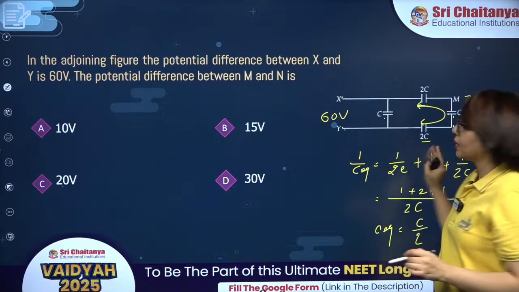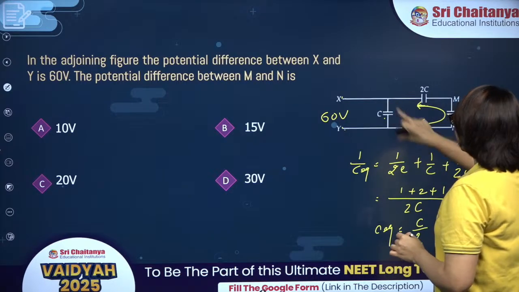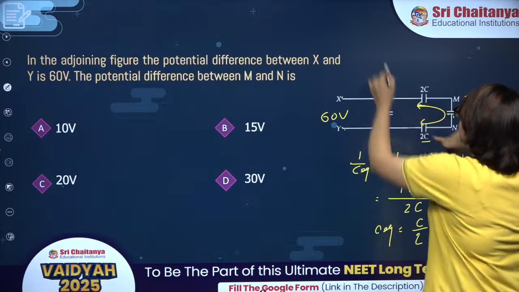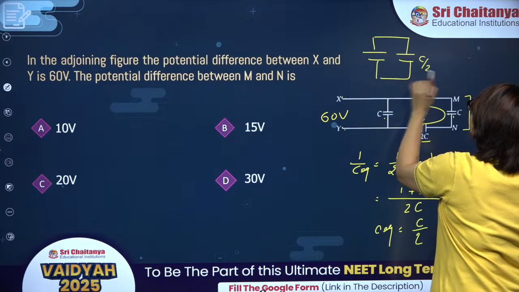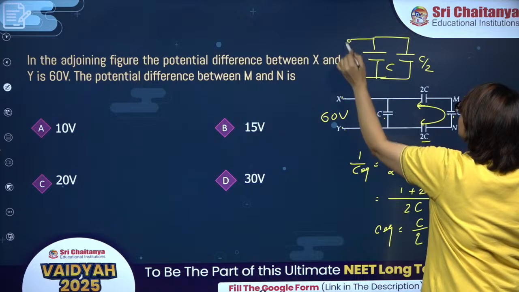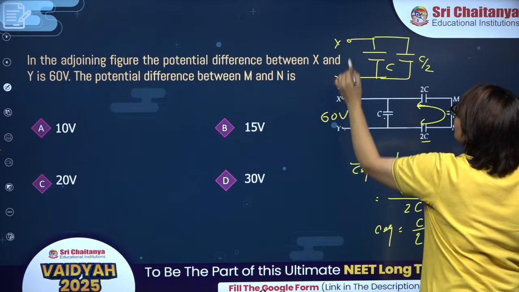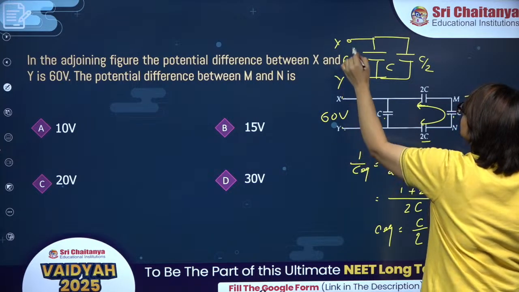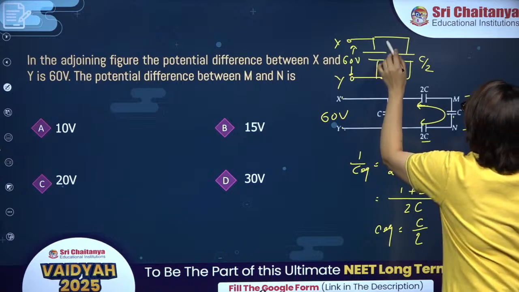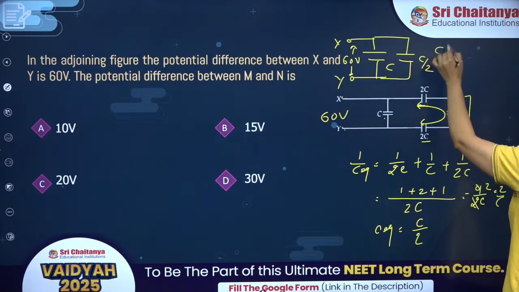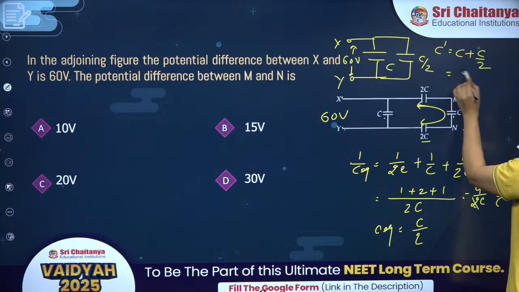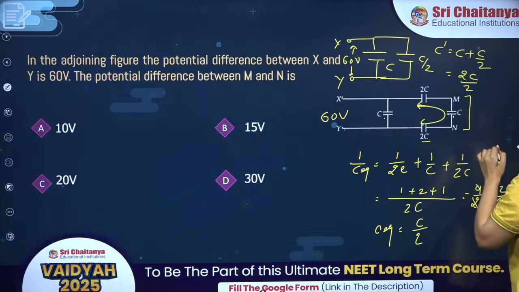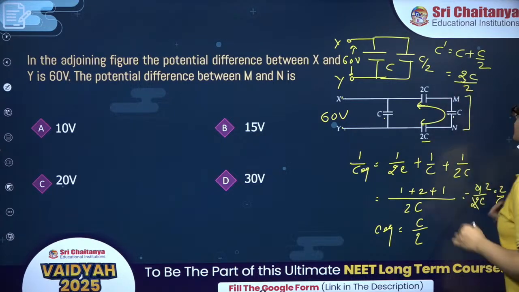Now this C upon 2 is connected in parallel with this capacitor C, across X, Y of 60 volt. So these two are in parallel, and the overall effective capacitor will be C1 plus C2, C plus C by 2, which is 3C by 2.